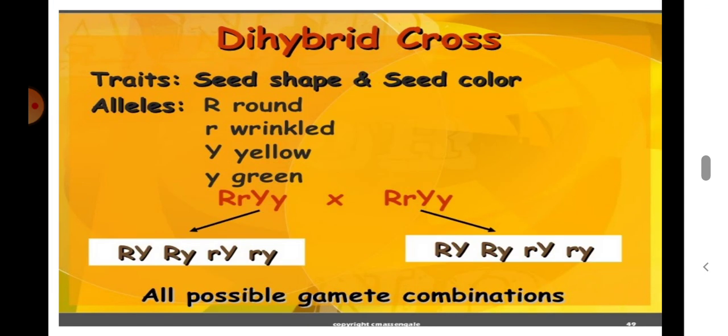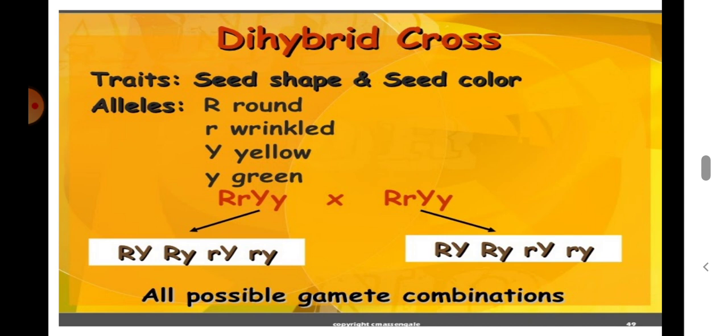In a dihybrid cross, the traits seed shape and seed color are crossed together. The round and wrinkled alleles are crossed with yellow and green plants. The round allele is represented by the capital R, and the wrinkled by the small r.